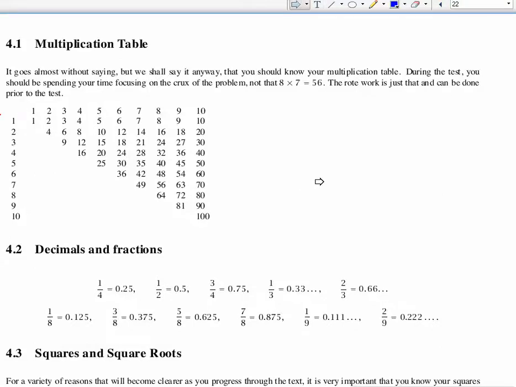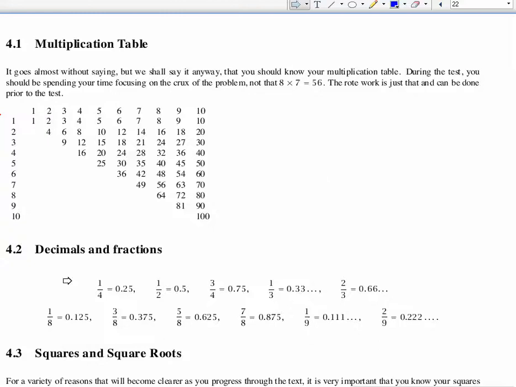I would go further than that and say if you don't know your 15 times 15 multiplication table, then that's a little bit worrying. I wouldn't say necessarily know your 20 times 20 table, but certainly know a table that's 15 in width and 20 in depth. Being able to do that arithmetic mentally is going to be of tremendous value to you. So please do make sure you take the time to make it happen.